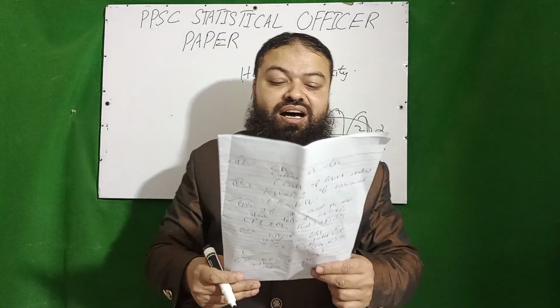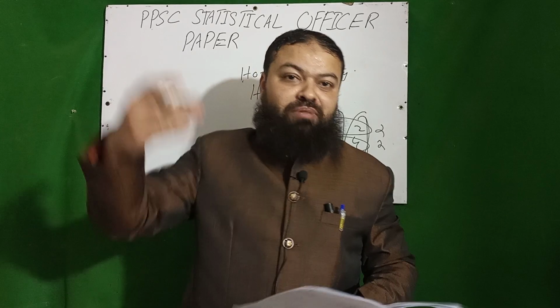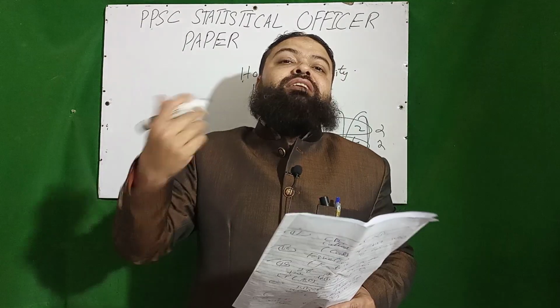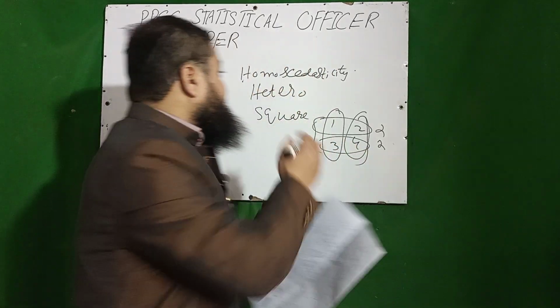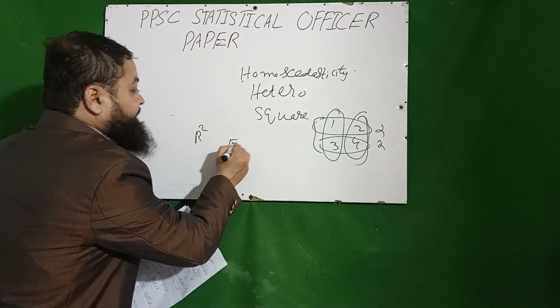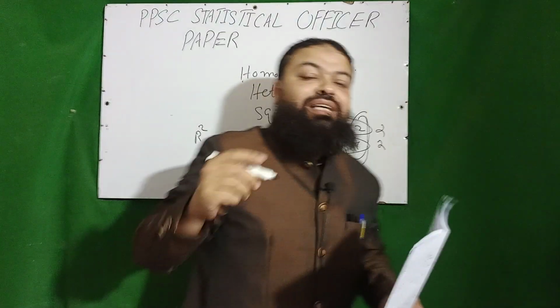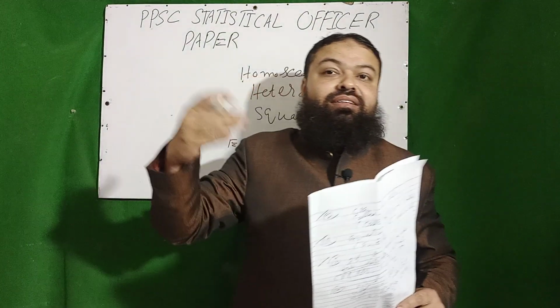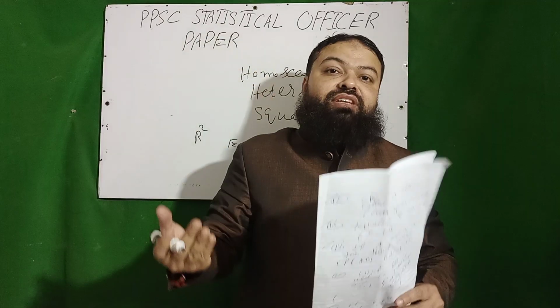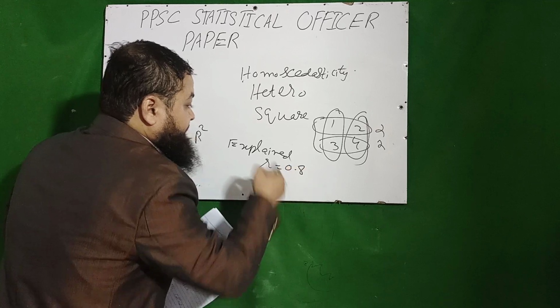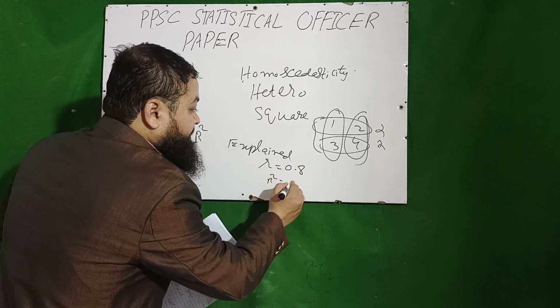Next question is: R square is also called. In the previous paper of statistician there was a very important numerical question. What do we learn from R square? R square tells us about the explained variation, the contribution of the independent variables in the dependent variable. For example, in the previous paper there was a question: R is 0.8, then what will be R square? It will be 0.64.